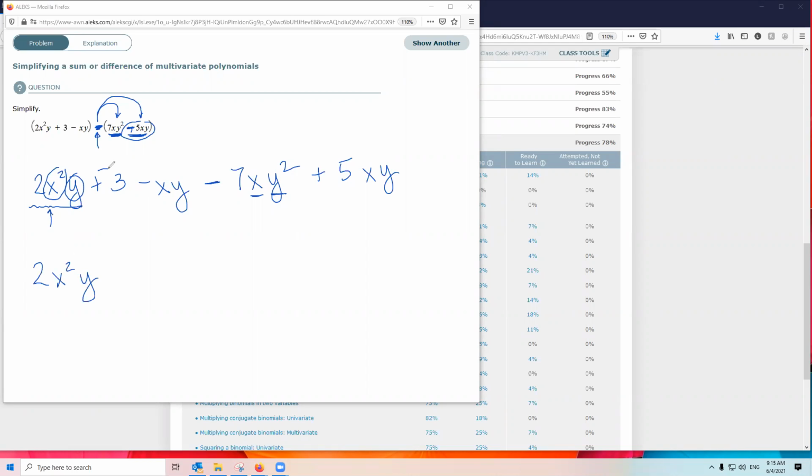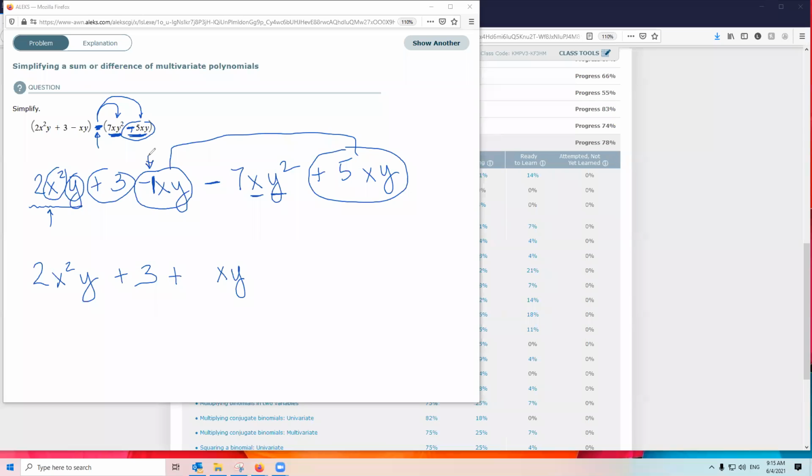All right, then I have a plus 3. Well, there's no other numbers to match that up with, so I'm just going to copy that down. Now I have a minus 1xy. Well, that does match up with 5xy because the letter parts are the same. So I can combine that. I bring the xy down and add the numbers in front.